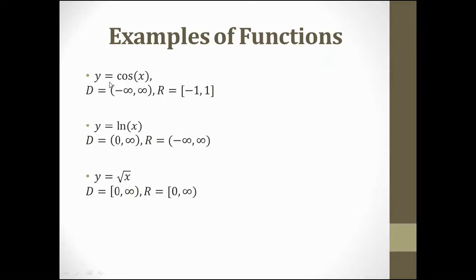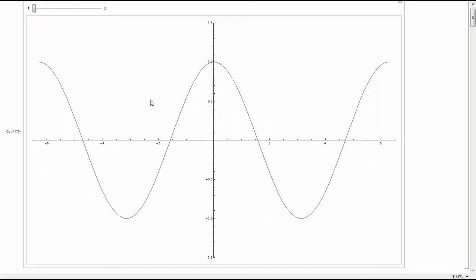First of all, we have y equals cos x. Its domain is all real numbers, and its range is from -1 to 1. Let's look at its graph. So here is the graph of y equals cos x.